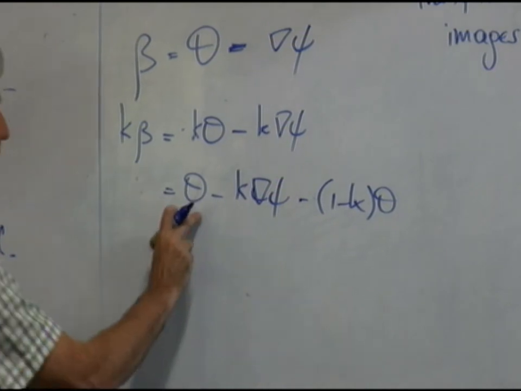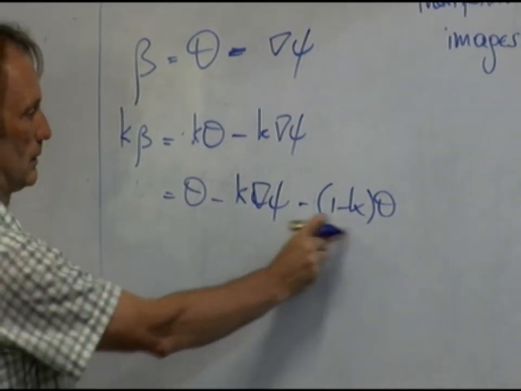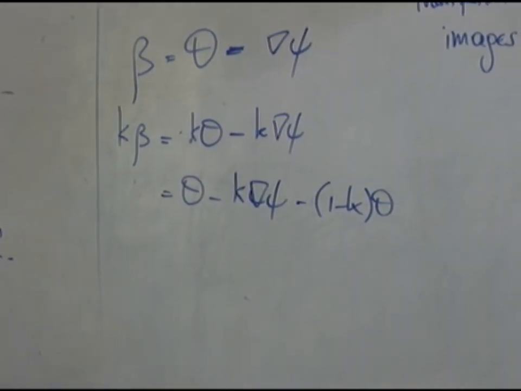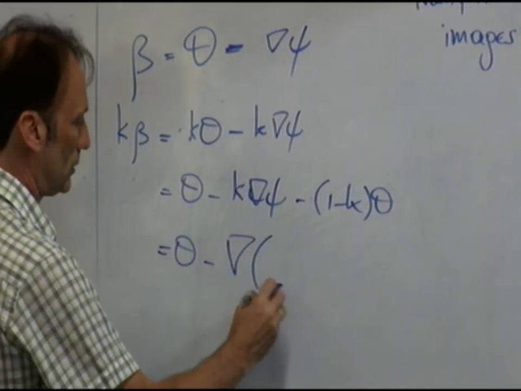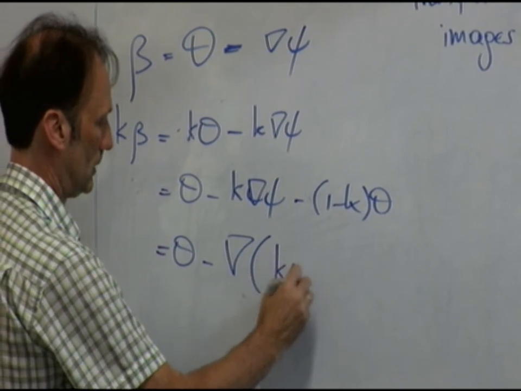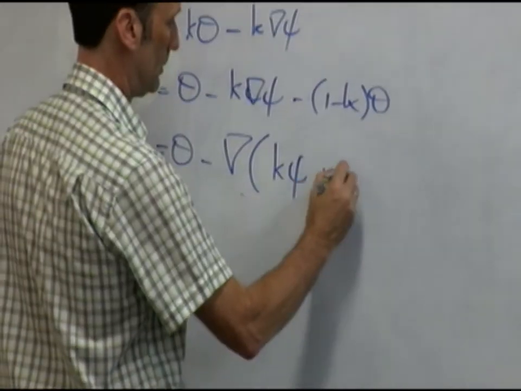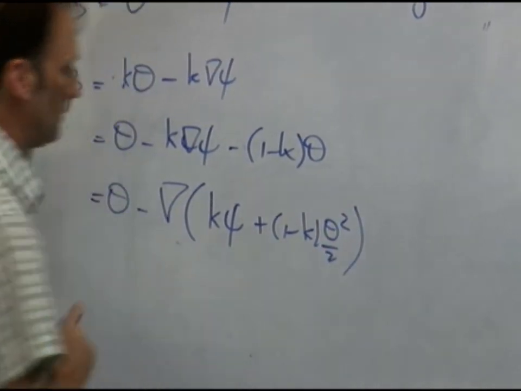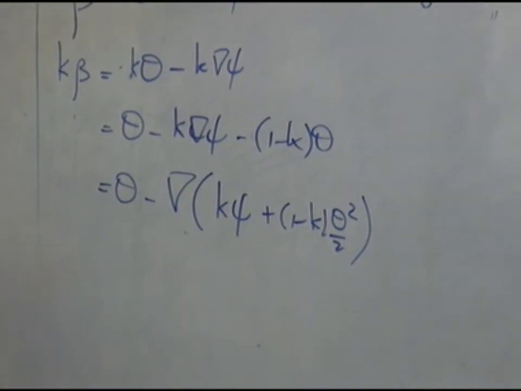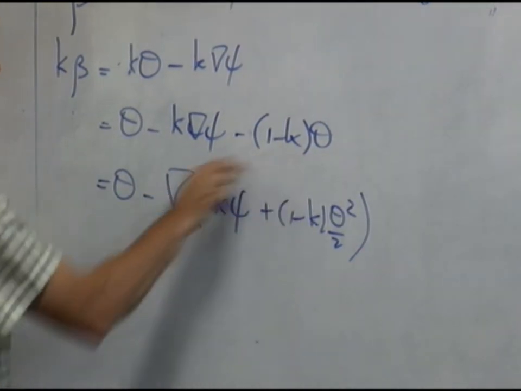It's fairly trivial. I've just turned this k theta back into a theta by adding this term here. And now I'm going to write this as the gradient of a new potential, which is k times the old potential plus something that gives me this gradient.